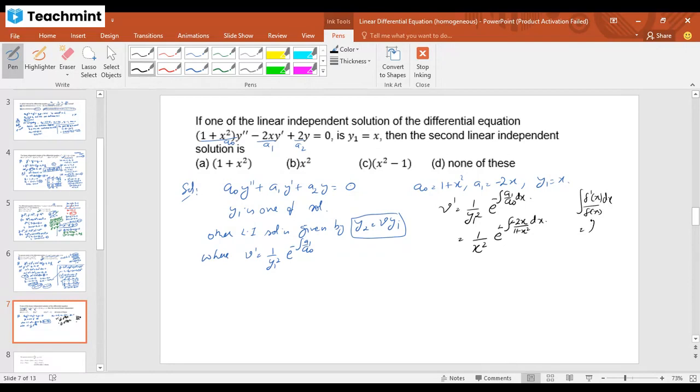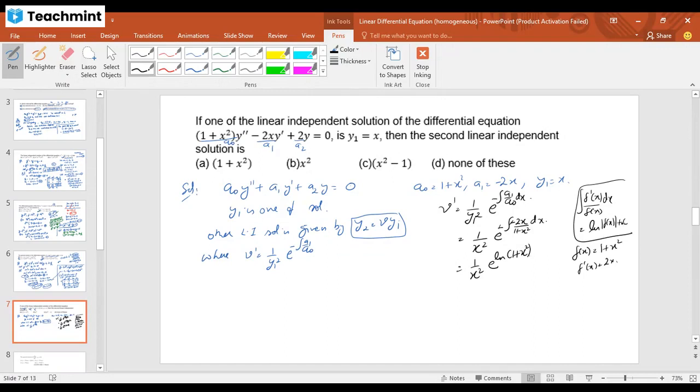And we know that its solution is log of mod f(x) plus c, because if your function is 1 plus x square, then its derivative is 2x. In the denominator we have the function, and in the numerator its derivative, so this is the formula. So we are considering 1 upon x square times e to the power log of (1 plus x square).